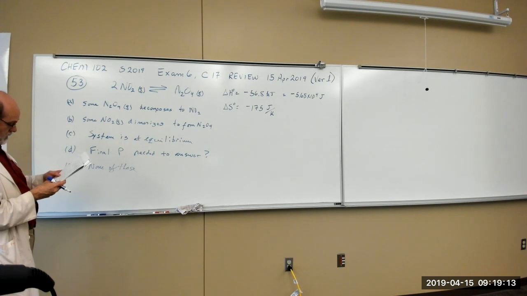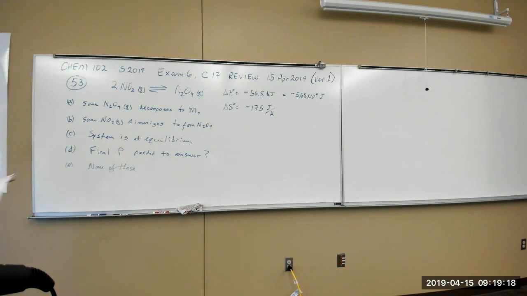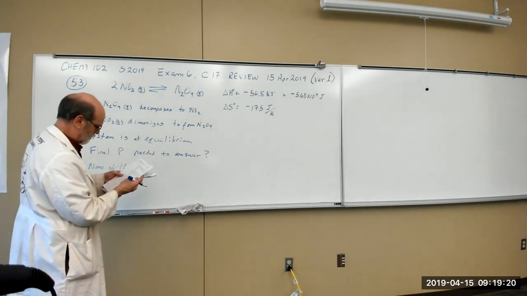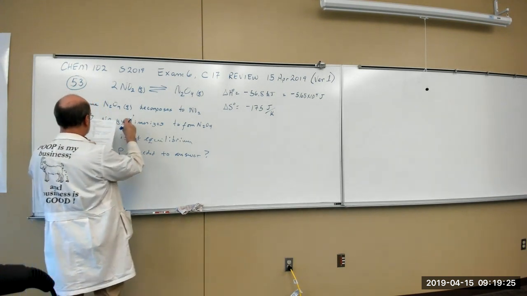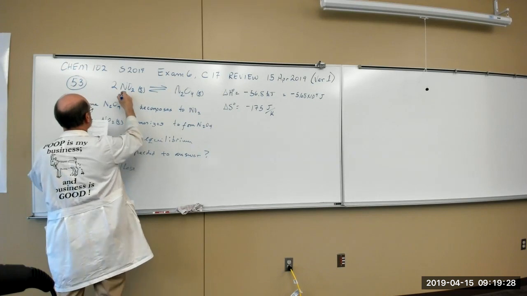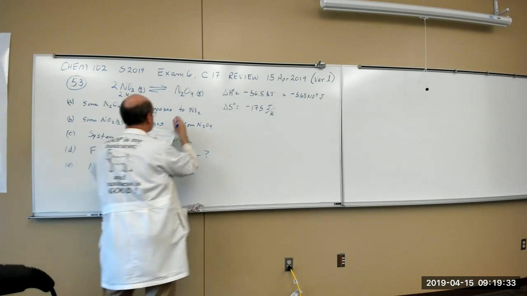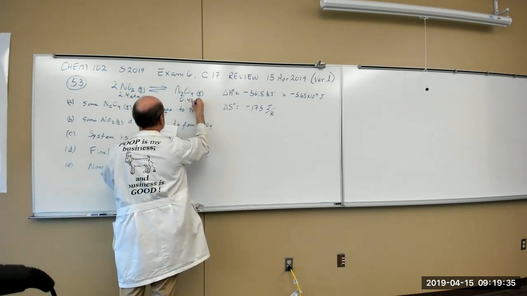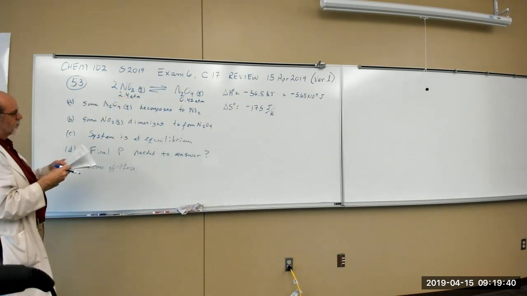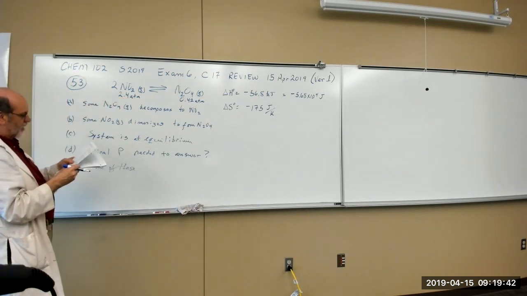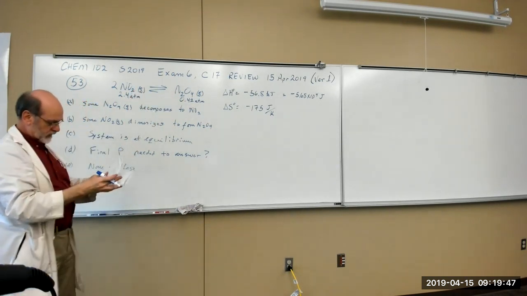There's more information given: initial partial pressures, 2.4 atmospheres and 0.42 atmospheres. So we can calculate Q from these values, but we need to know what K is.